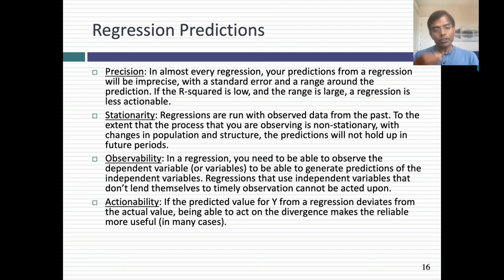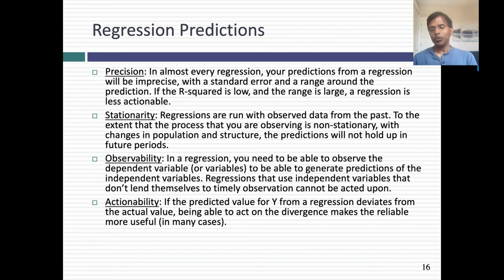Third, when you run a regression, you're going to use it for prediction. In other words, you're using X to predict Y. Remember, you've got to be able to observe X to be able to make the prediction. So often when you run regressions, you can run regressions that are called contemporaneous regressions. I can look at what earnings growth is at a company and show you that it's highly correlated with GDP growth. You're saying, this is good.